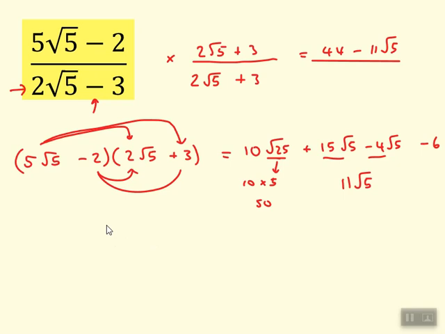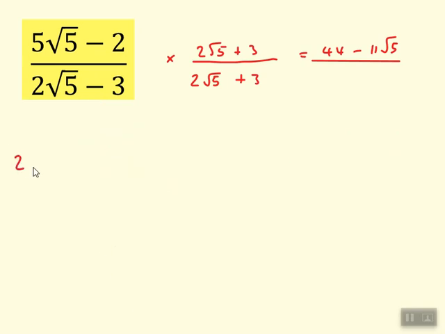Okay, let's do the bottom. So the bottom is going to be 2 root 5 take away 3 times 2 root 5 add 3. Now I'm going to do it in full, and remember the middle two terms should cancel each other out. If they don't, and you still end up with something with surds, then you've done something wrong. Okay, so that times that is 4 root 5.